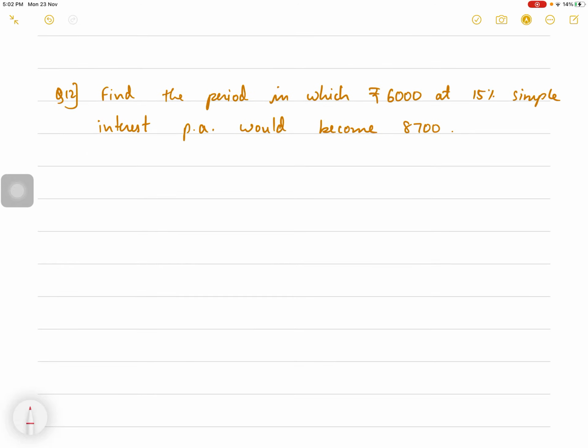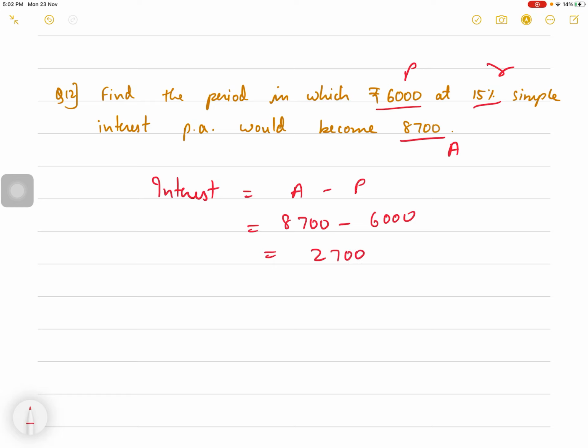Find the period in which rupees 6,000 at 15% simple interest per annum would become 8,700. So principal is given, amount is given, R is given. You have to find N. So interest is equal to amount minus principal, which is 8,700 minus 6,000, which is 2,700.